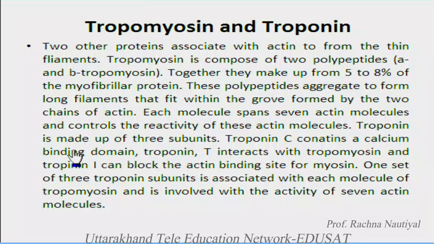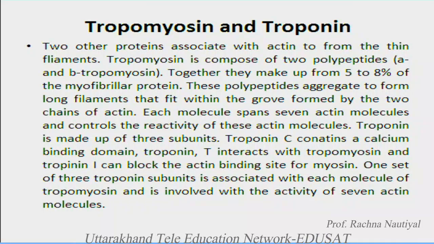These polypeptides aggregate to form long filaments that fit within the groove formed by the two chains of actin. This is the way they are attached to the actin. Each molecule spans 7 actin molecules and controls the reactivity of these actin molecules. Troponin is made up of 3 subunits. Troponin C contains a calcium binding domain.